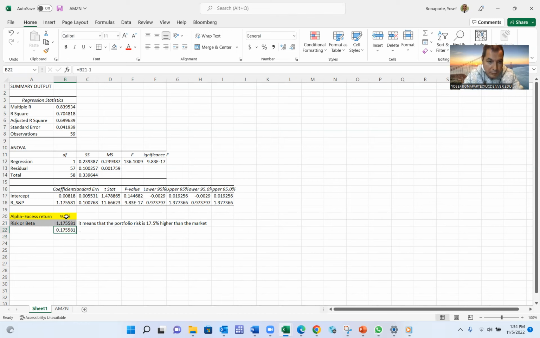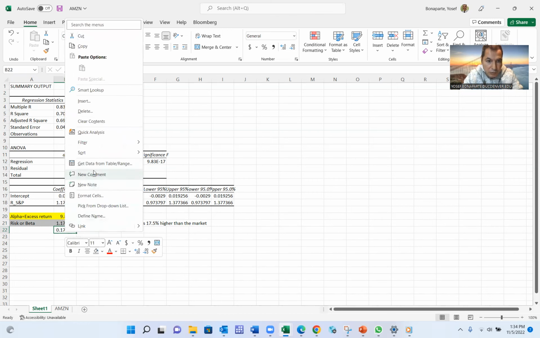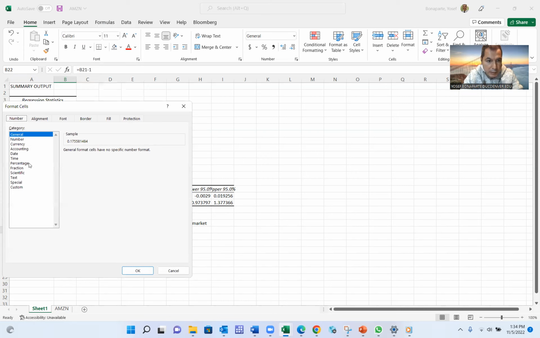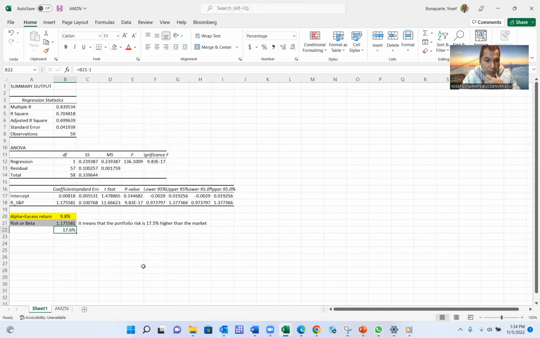That would be 17. And if you want it in percentage format, you do only one decimal, then you have the 17% that we talked about in our analysis. So this portfolio gives you 10% more, but the risk is 17% more. So do you like that?